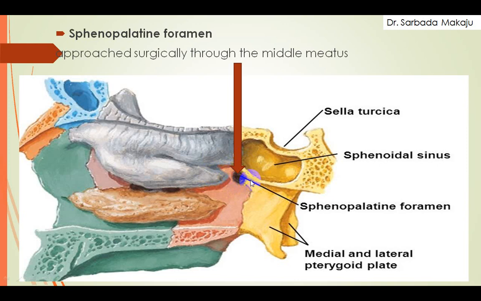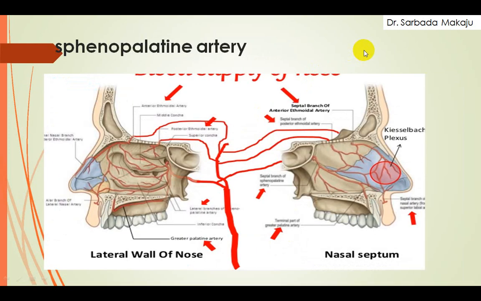The landmark for this is that it is approached along with this meatus, which is known as the middle meatus. At the posterior end of the middle meatus, there is the opening known as the sphenopalatine foramen. From this sphenopalatine foramen, an artery passes. This artery is known as the sphenopalatine artery.